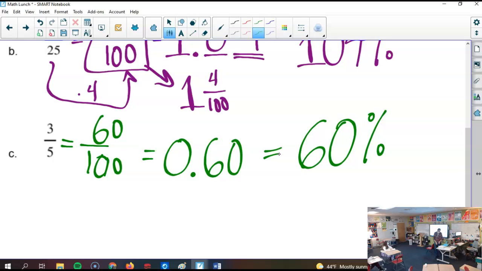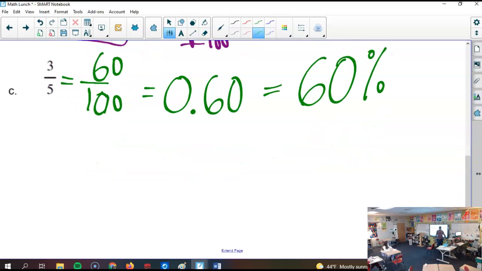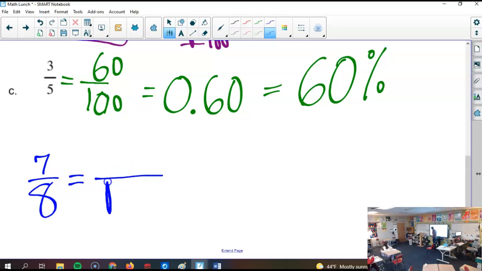And then D, I forget what D was. 7/8. Ooh, one of the trickiest ones. Now, one thing a lot of us are getting used to doing is if we can get the bottom to 100, that gives us our percent. And this is the last problem we're going to have time to do.